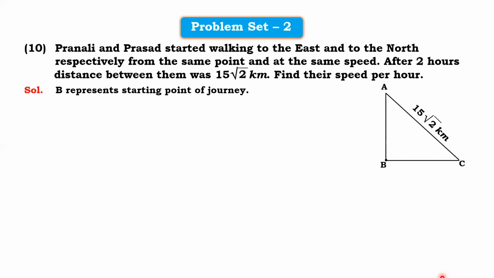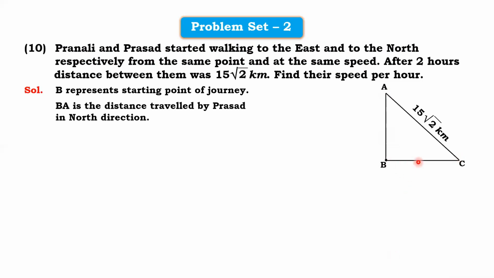Even here in this sum, students, we have to indicate which segment represents what. What does BA represent? Yes, we all know BA represents the distance traveled by Prasad towards north. Right. Now what is BC representing?